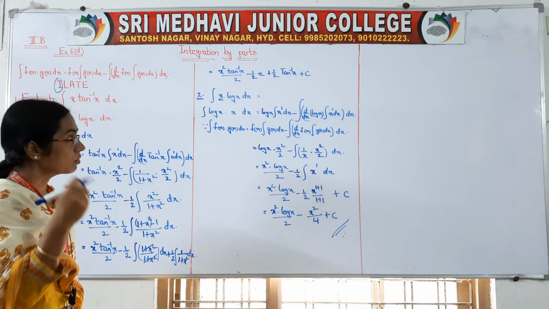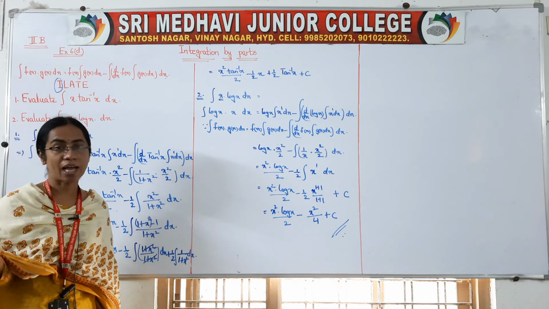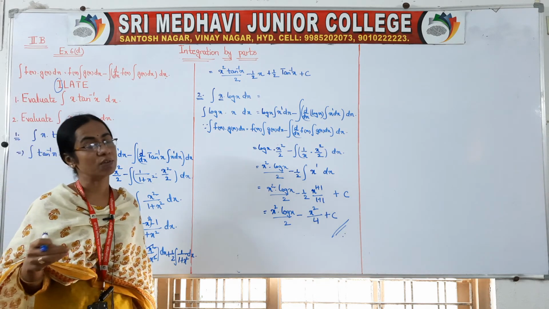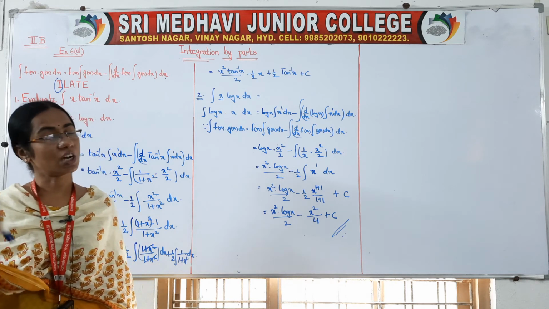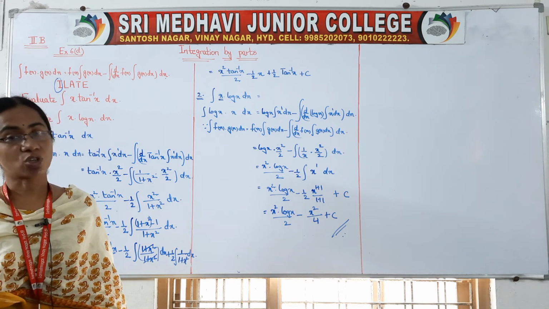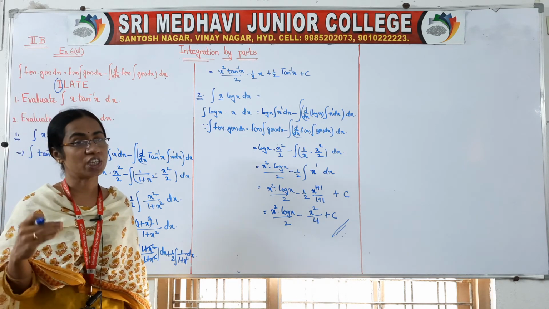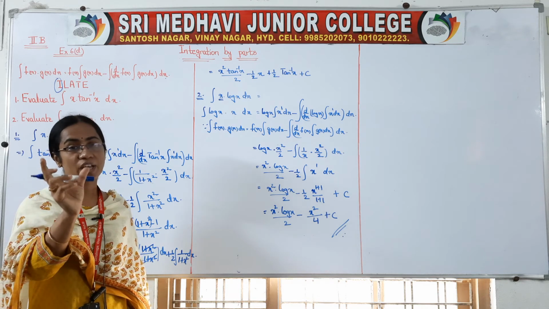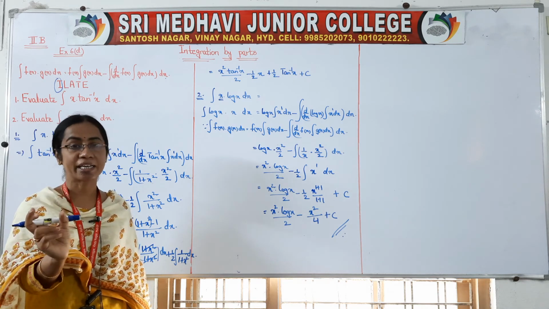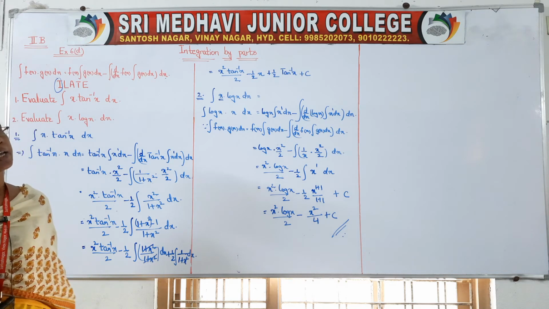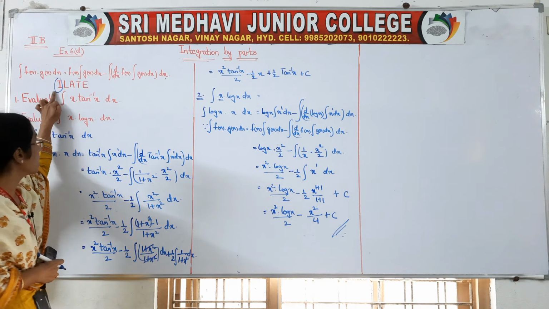Okay, and we cannot take the problem as it is. That means we cannot simply take the first value in the question as f of x and the second value as g of x. Before solving the problem, we have to check which type the first function belongs to, so we follow the rule ILATE. I means inverse function, so inverse functions always come first.